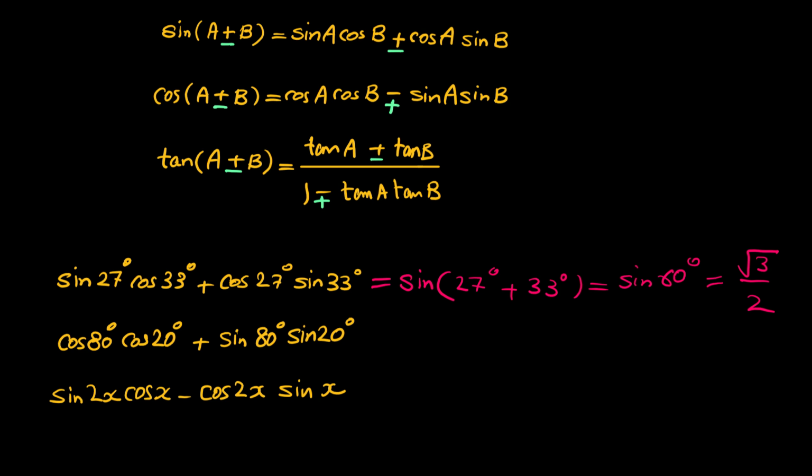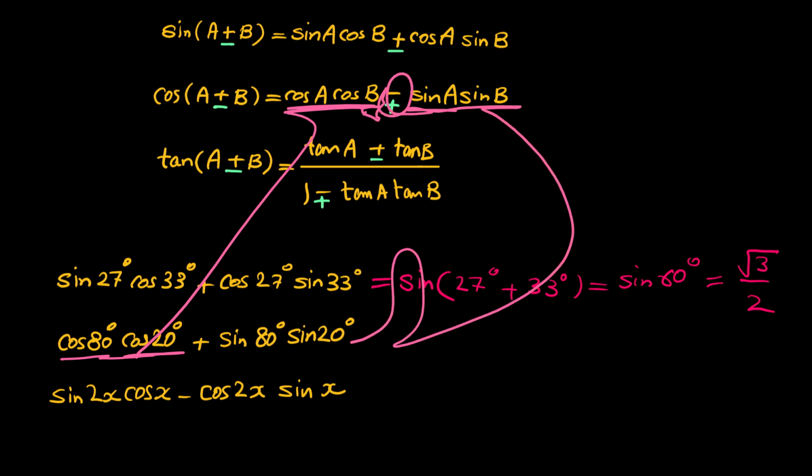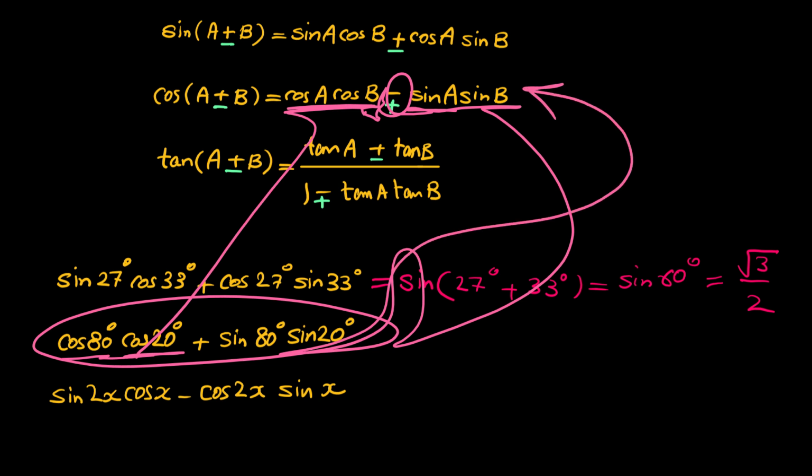Now look at the next example. Cosine 80 cosine 20 plus sine of 80 sine of 20. Here, if you notice, we have cosine times cosine, cosine times cosine, minus or plus sine sine. So this matches with this identity.